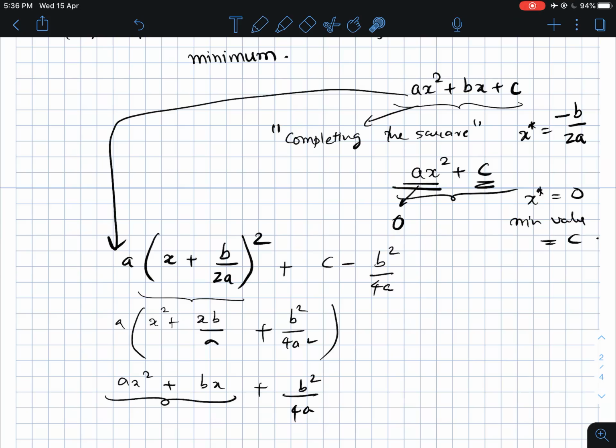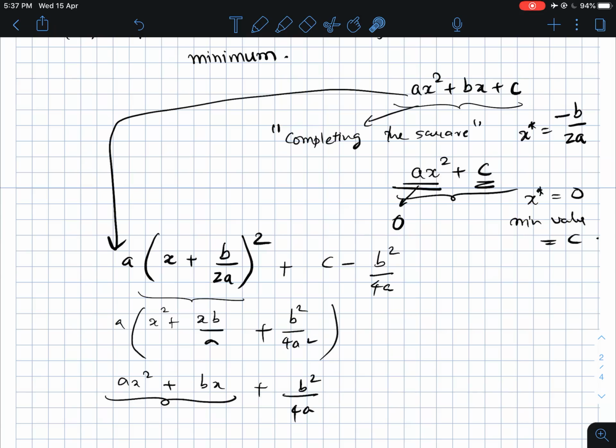So you'll see that this expression over here is actually equal to this expression. Now, the advantage of this expression is that all the variable is contained within a square. It doesn't spill over into a linear term. It's just like the earlier case, so this expression is very easy to minimize. The minimum value will happen when this whole thing is 0, in other words, when x is equal to minus b by 2a.